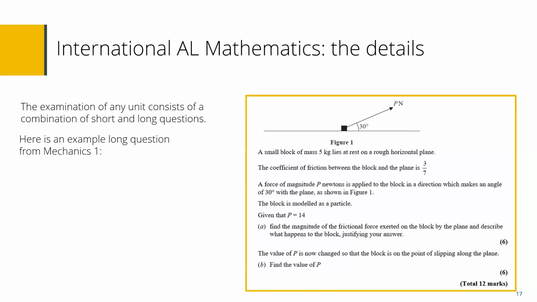So here we have a longer question from Mechanics 1 that you can see on the screen. We won't go through this at this point because we'll have the opportunity to go through the other questions in a few minutes. But as you can see, part A on that question is 6 marks.